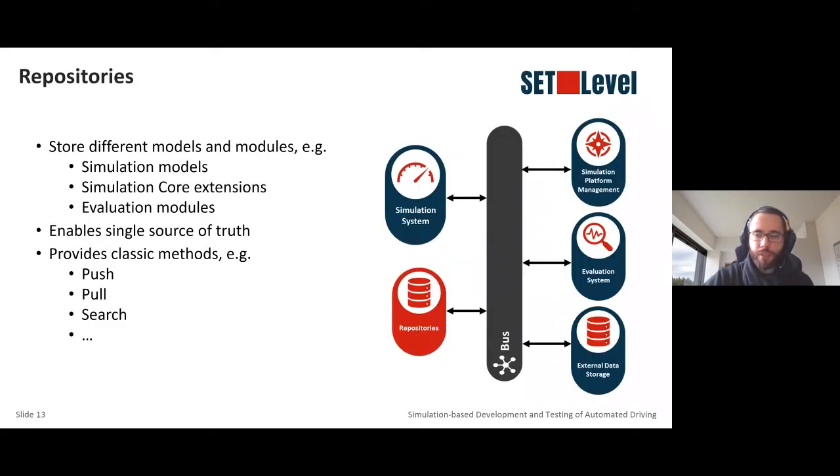Just on a side note, regarding repositories: those can hold all sorts of components, simulation models like vehicle dynamics models, simulation core extensions like observers for metrics not already recorded by the base simulation system, or evaluation models that contain specific methods depending on set extra metrics, for example.